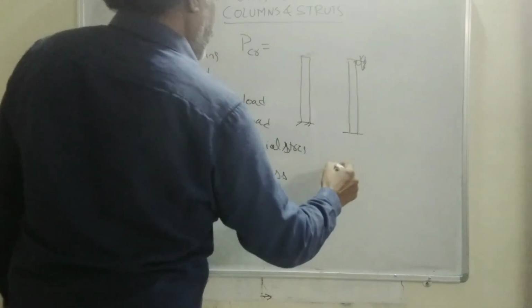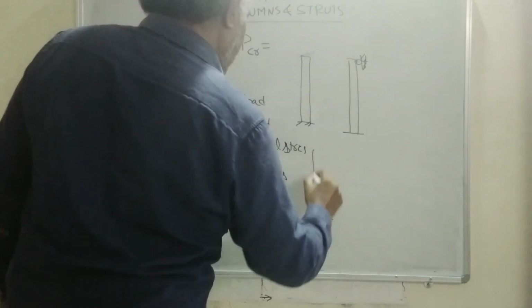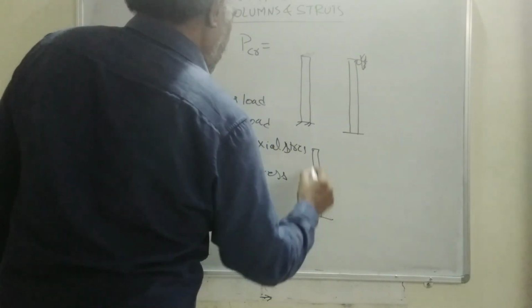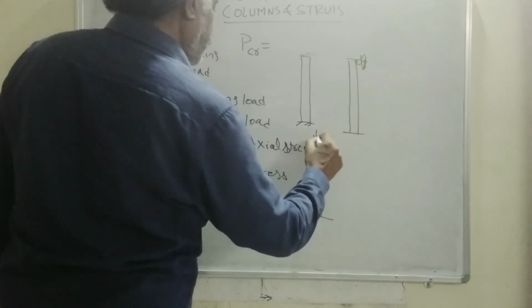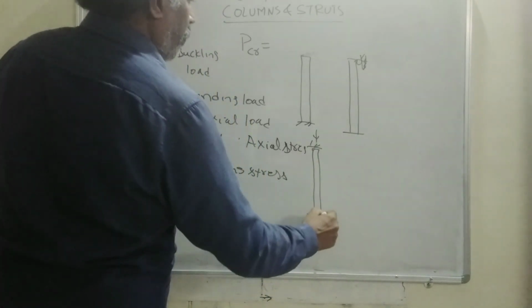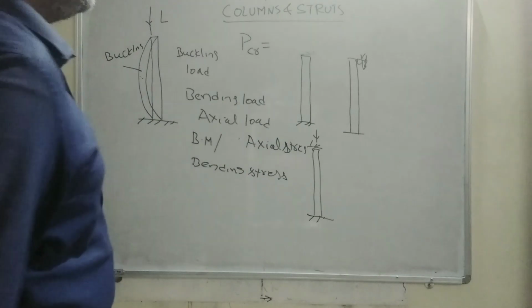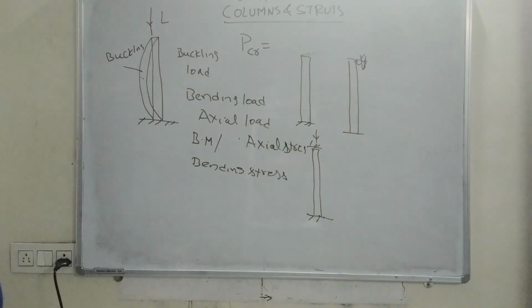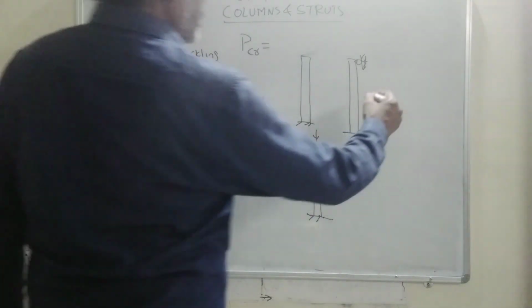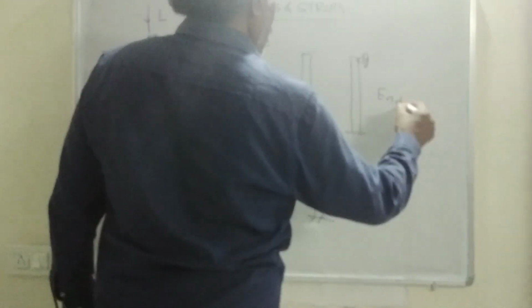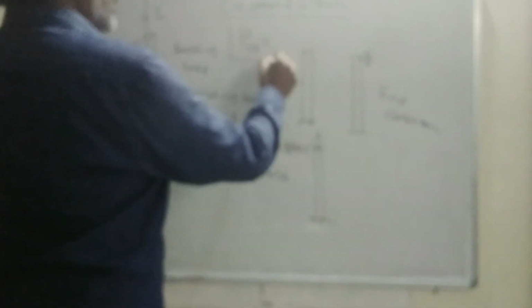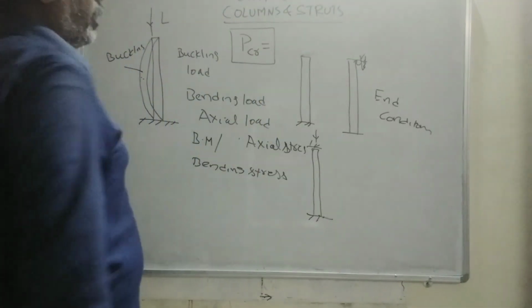And a vertical slender beam, both ends fixed, and load is applied. Like that, there are several beam end conditions. And for each end condition, you have to determine the critical load for buckling.